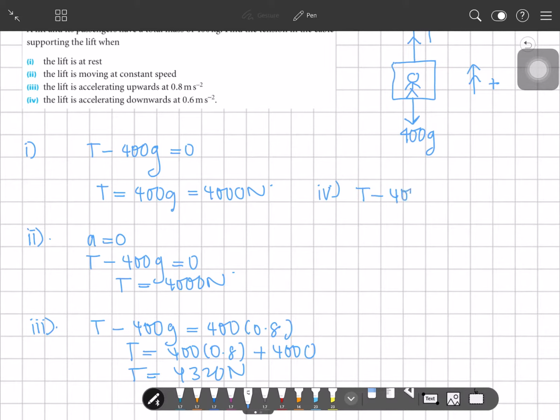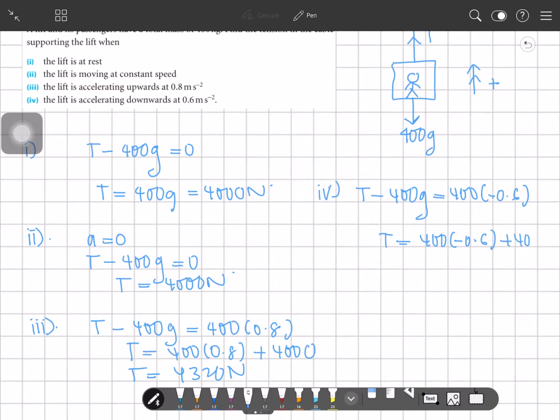We have T minus 400 g equal to 400 multiplied by the acceleration, where the acceleration value over here is equal to negative 0.6. Alright, so the tension is equal to 400 multiplied by negative 0.6 plus 4,000. So the tension is equal to 3,760 Newton in 3 significant figures.